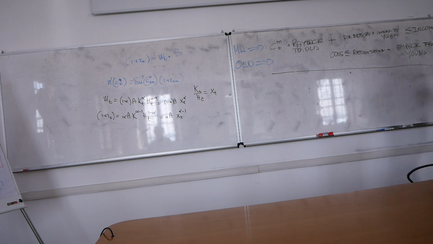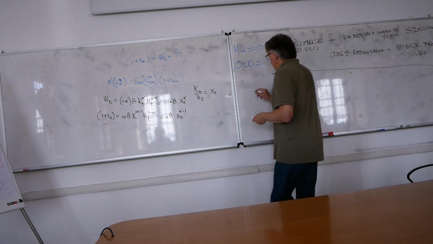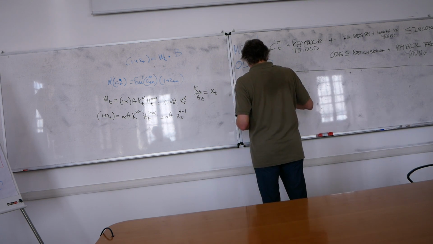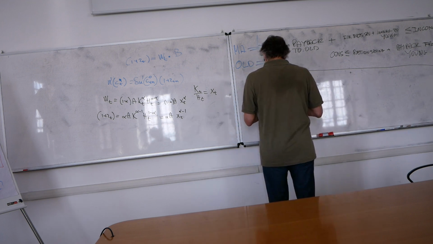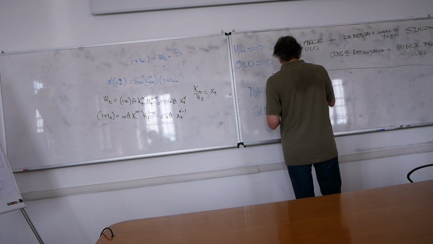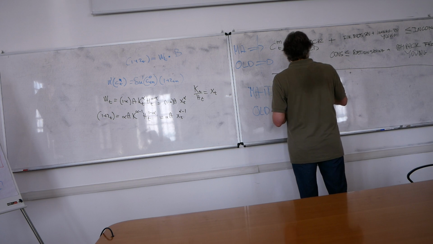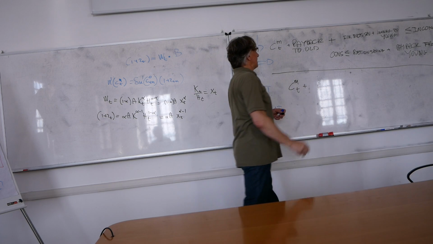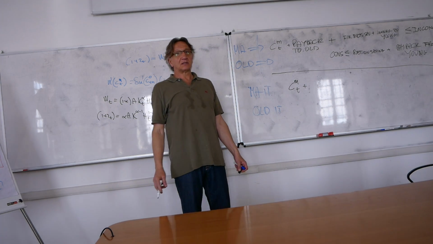Let's write down the budget constraint of the actual old. The middle-aged Italian and the old Italian. Okay, the middle-aged Italian consumes and then does what? Purchases financial assets. What is it that it does here? Pay back to old. What is it that it does?